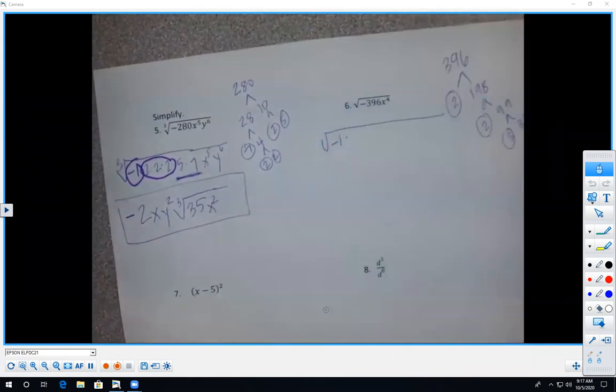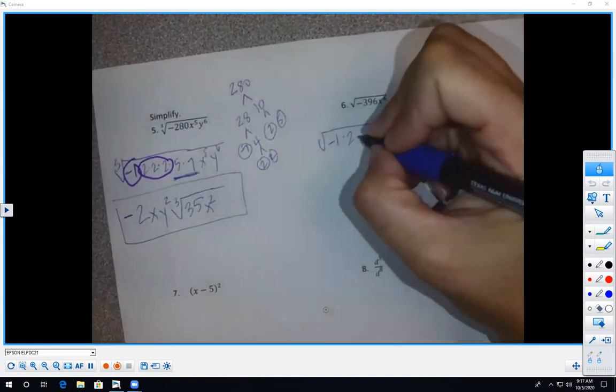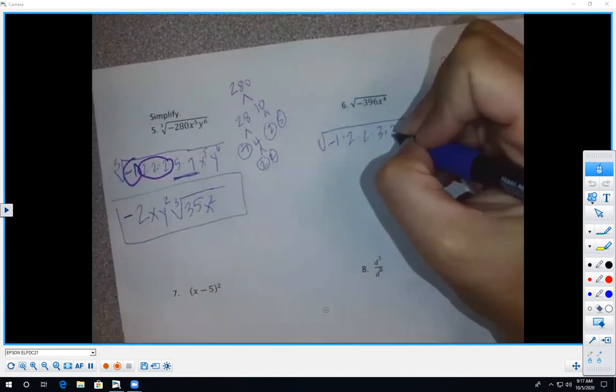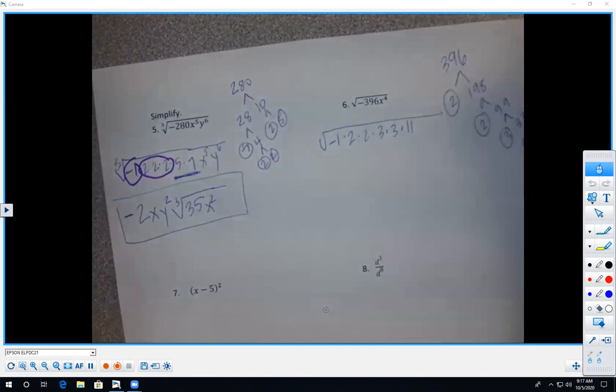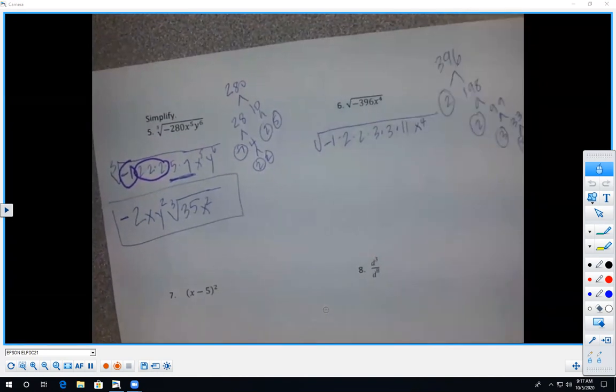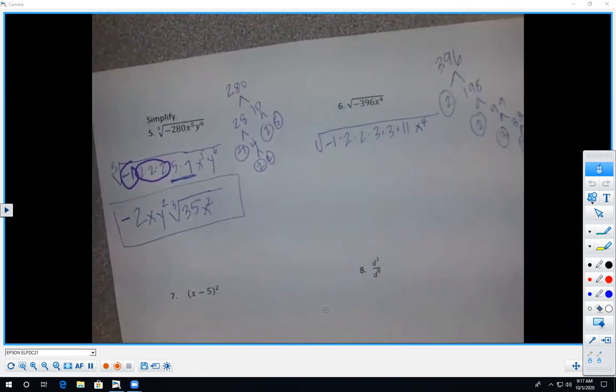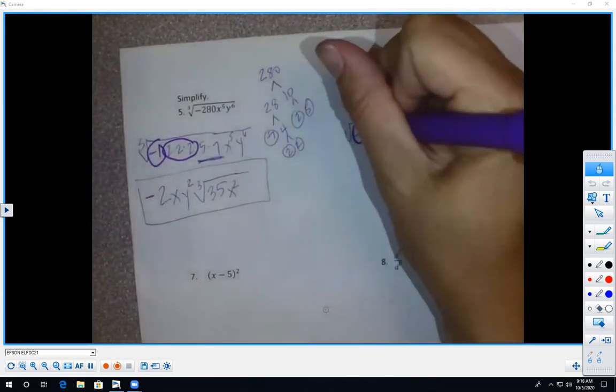So I got -1, 2 times 2 times 3 times 3 times 11, and then x to the 4th power. Okay, so here, since it is square root, the -1 comes out as an i.